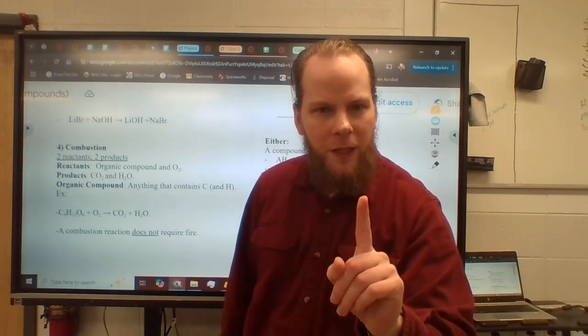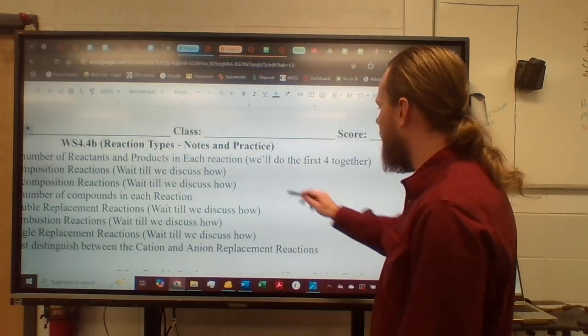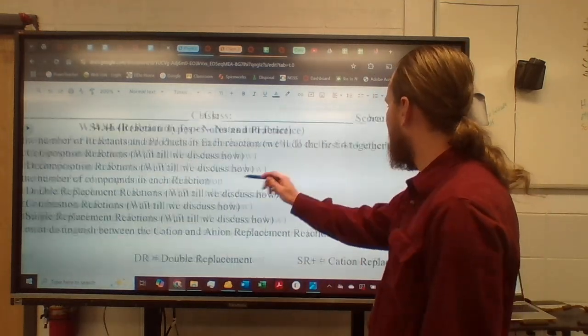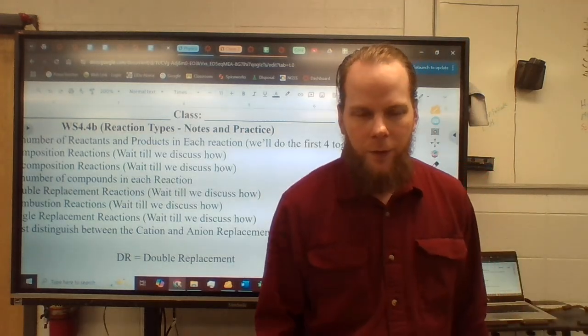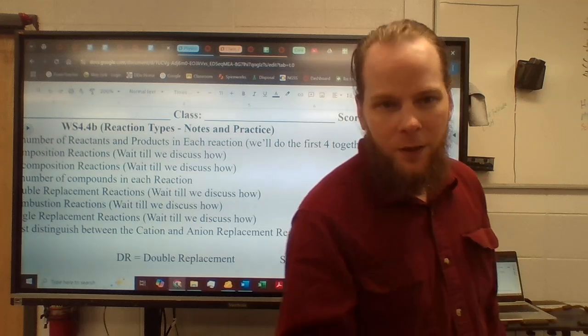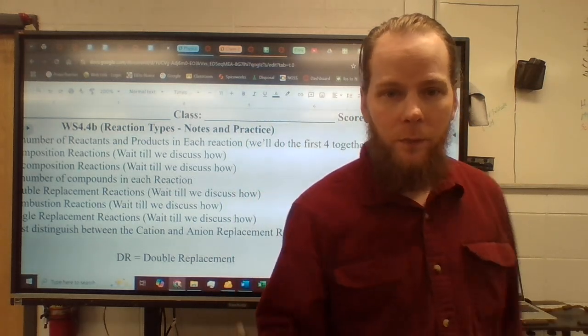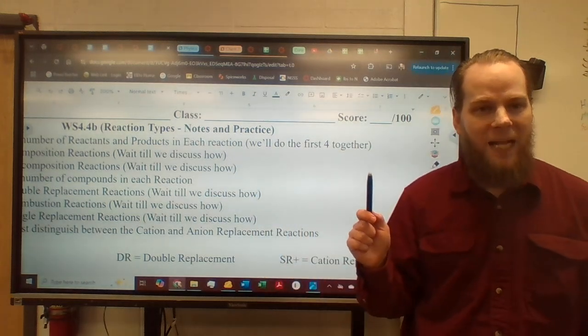So there's something you need to jot down, and I would jot this down on this worksheet, right here in this big empty spot. You need to write down that organic means carbon and hydrogen.